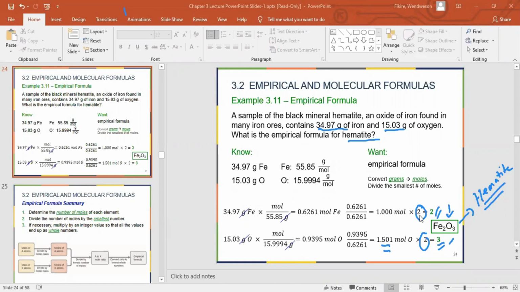Is it iron trioxide? No. Iron oxide? No. Iron 2 oxide? No. Iron 3 oxide. So the 3 actually comes from iron. So we need to learn about how to name compounds.